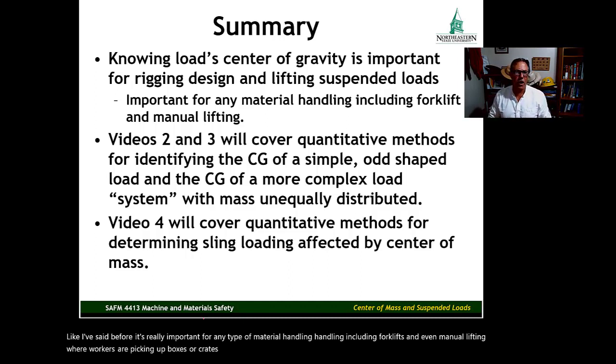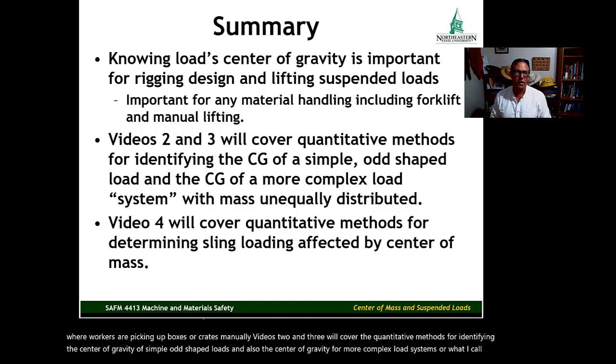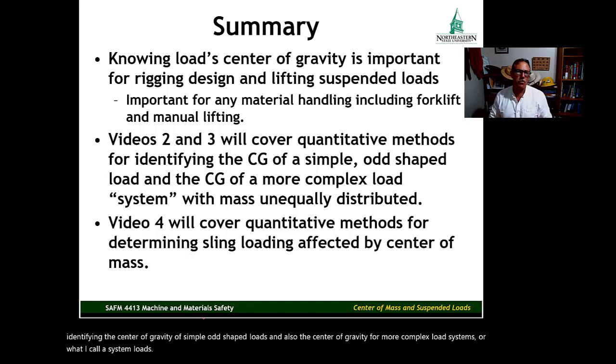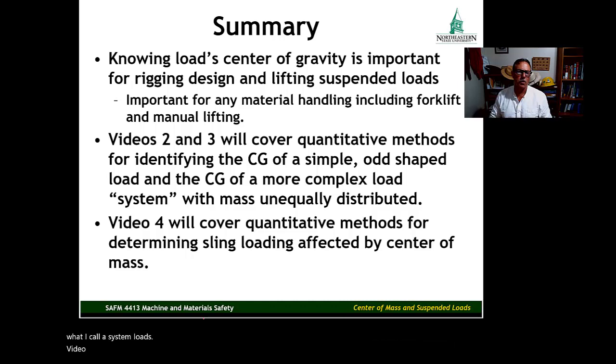Videos 2 and 3 will cover the quantitative methods for identifying the center of gravity of simple odd-shaped loads and also the center of gravity for more complex load systems, or what I call system loads. Video 4 is going to take a closer look at how center of gravity affects sling loading. We're also going to talk about pick point determination.